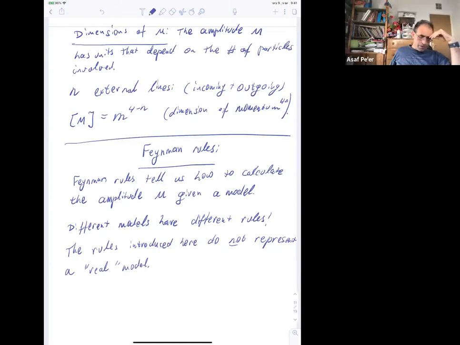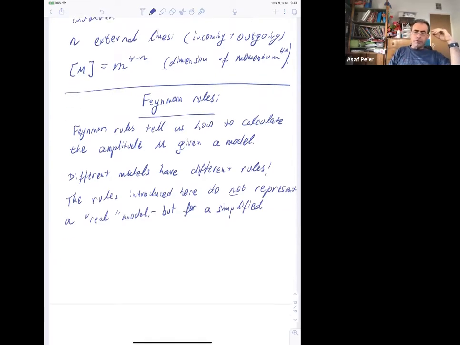But for a simplified one, in our simplified model, we assume only 3 types of particles.